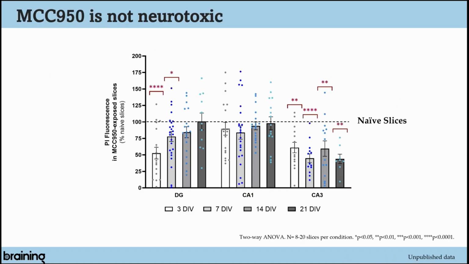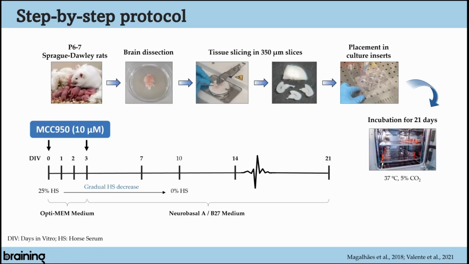So the first thing was making sure that it wasn't neurotoxic. So once again, we did a PI uptake assay. In this second study, contrary to the other study, all slices have this gradual serum decrease.